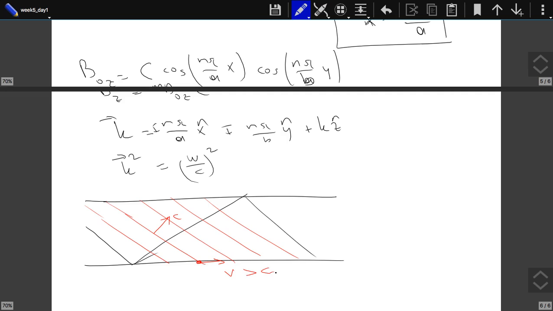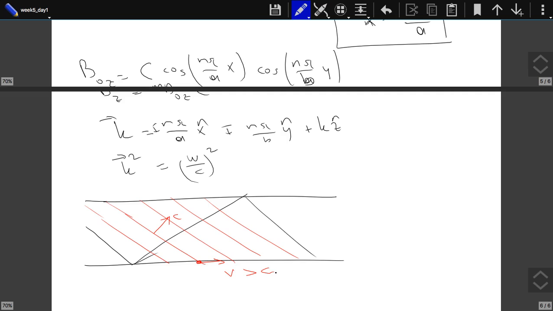This point will be moving faster than the speed of light. Just imagine this way. If I exaggerate a bit, let's say this will be my wavefront. Even if my wavefront is displaced slightly, the intersection point would have moved over here at the same time. It will cover a larger distance, this point.